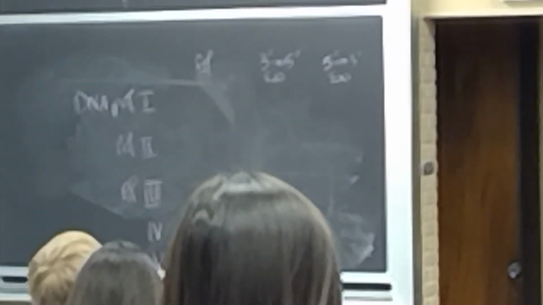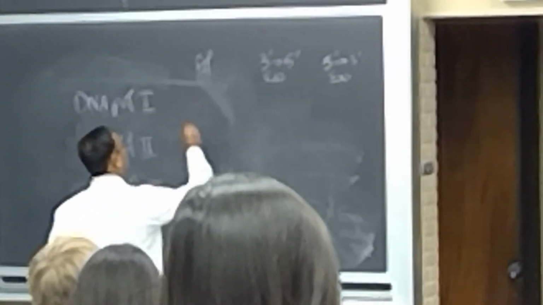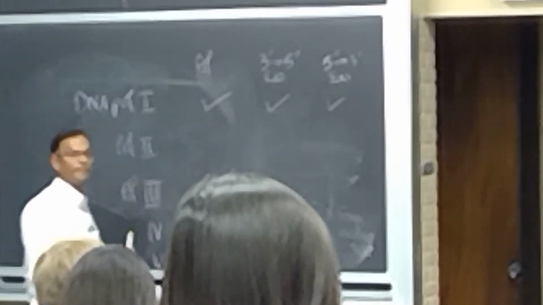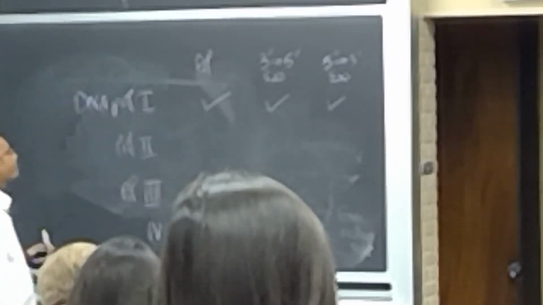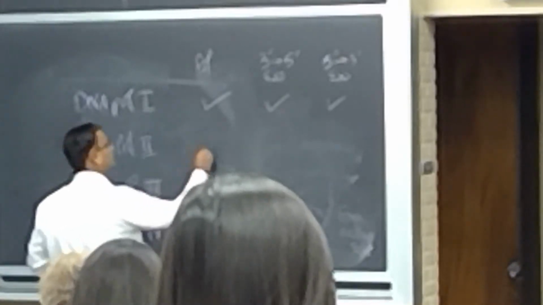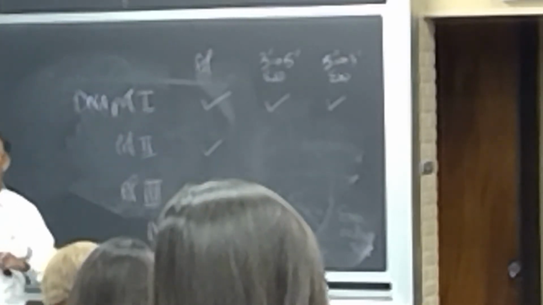Pol 1 appeared to have all 3 activities. Pol 3 has polymerase activity and the 3' to 5' exonuclease activity. Pol 2 has polymerase activity. In fact, I think it has exonuclease activity. I don't remember which one it is.